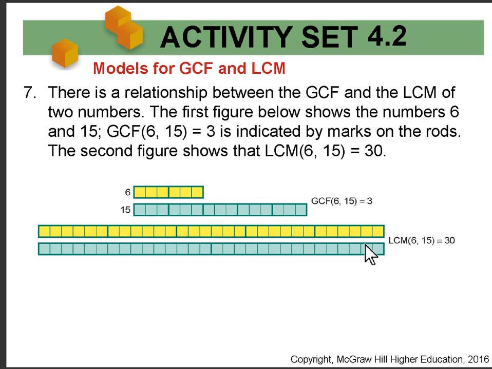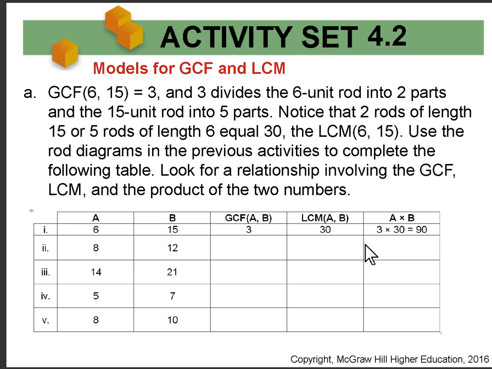Then in question 7, we talk about the relationship between the greatest common factor and the least common multiple. For 6 and 15, the greatest common factor is 3 and the least common multiple is 30. How are those related? If you make a table, you'll see that if you have 6 and 15, when I multiply 6 times 15, I get 90.